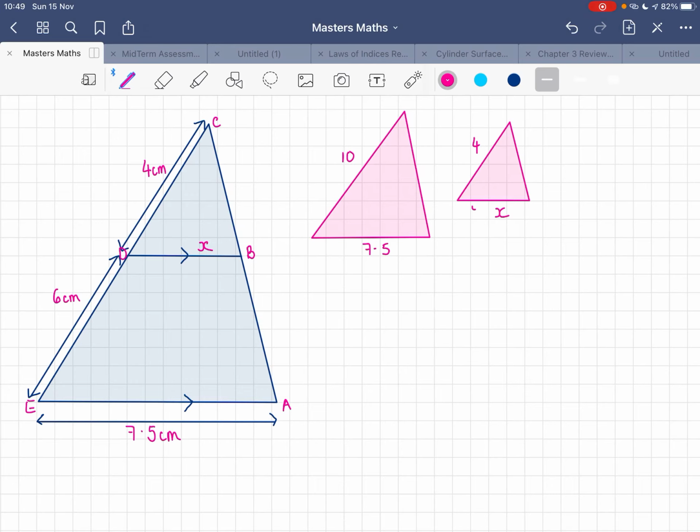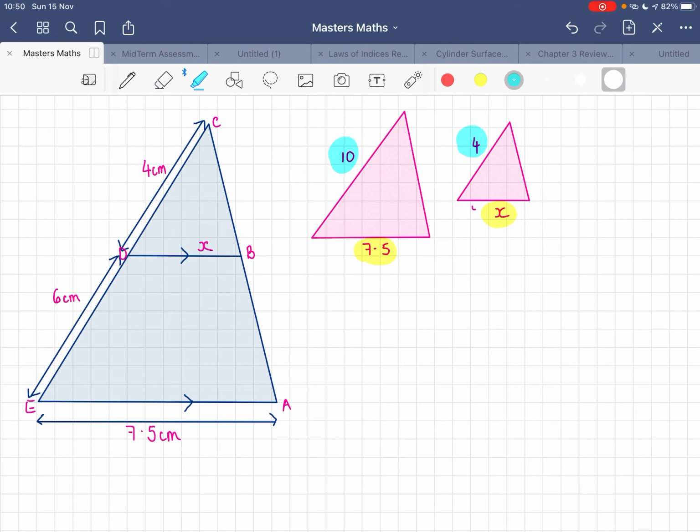Okay, I'm going to use the fraction way, just because that's what we're going to use on the next question, so just to get us used to using it. So I know these two sides are the corresponding ones, and then these two sides, the 10 and the 4. So they are pairs of sides that match up.